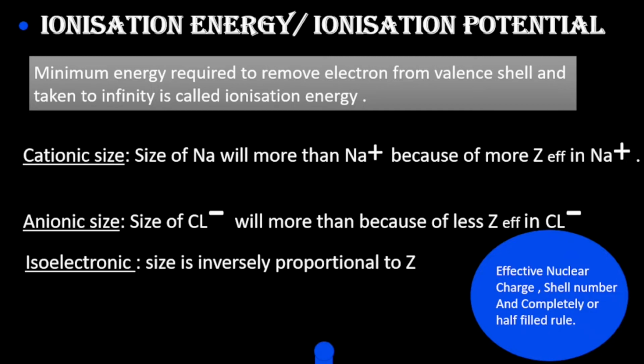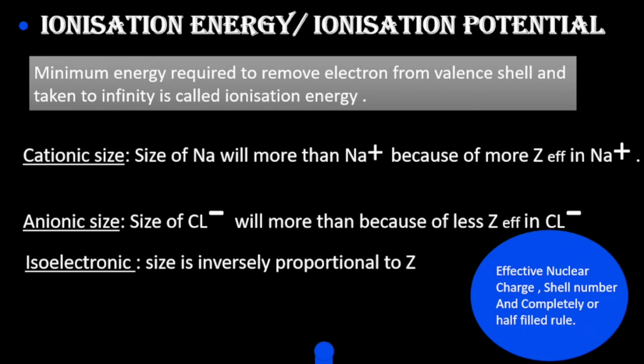In a similar manner, keep these facts in mind: when an electron is removed from sodium, there is more force of attraction, meaning size will decrease. In the case of an ion, chlorine gets one more electron, a little difficulty, so size will increase because of less force of attraction, meaning less Z effective.